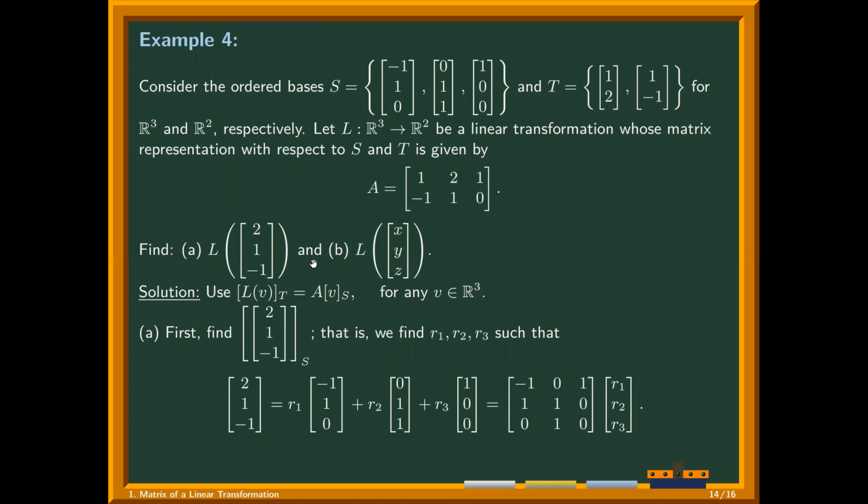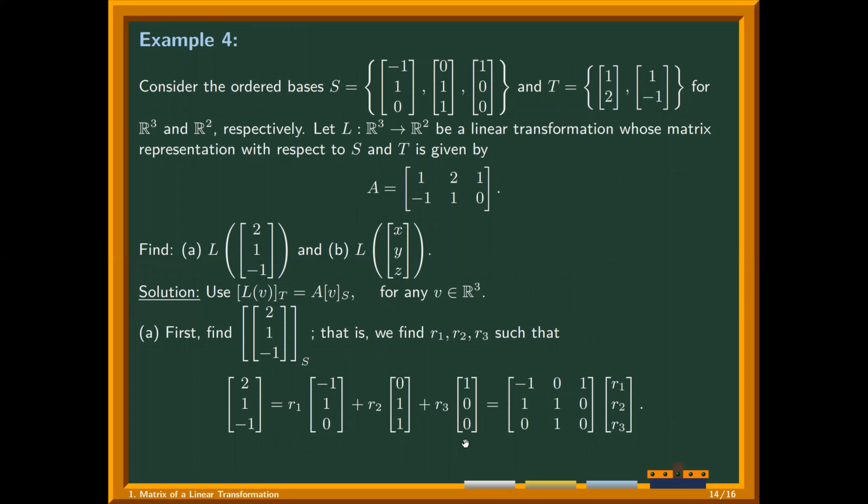So to answer A, first we have to find the coordinate vector of (2, 1, -1) with respect to S. So we have to find scalars r1, r2, r3 such that (2, 1, -1) is equal to this linear combination with scalars r1, r2, r3.